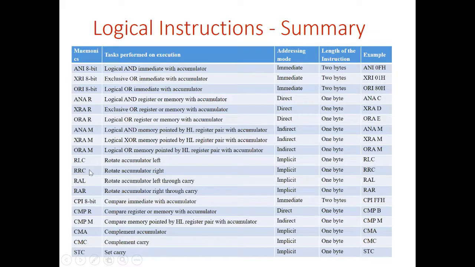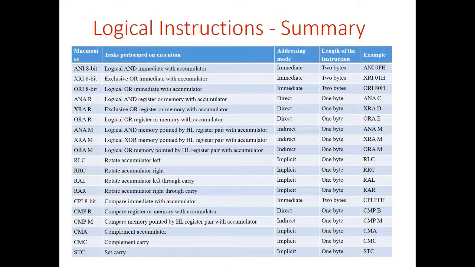Another is the rotate instructions. Rotate instructions available are RLC, RRC, RAL, RAR. All the rotate instructions are actually applicable with the accumulator content only. Suppose any byte or any result, any data is stored inside the accumulator or in register A, and you need to rotate the content one bit, either to the right or to the left.